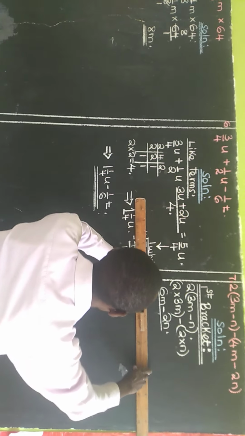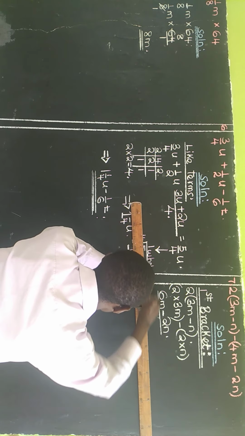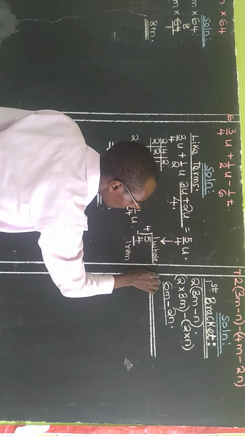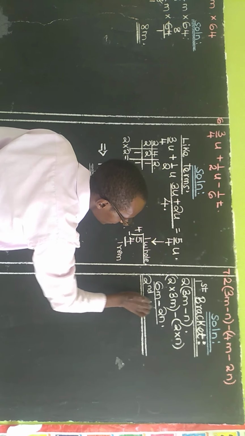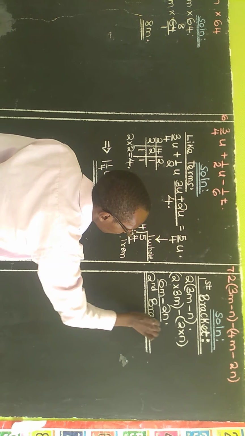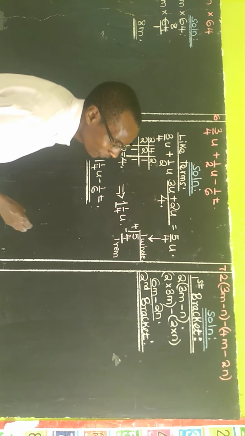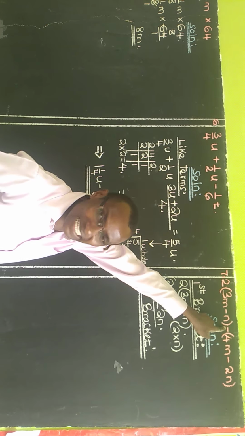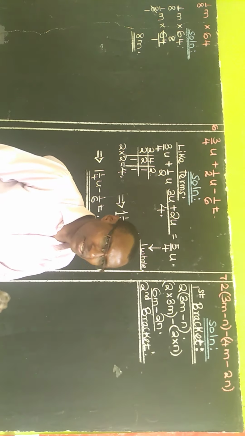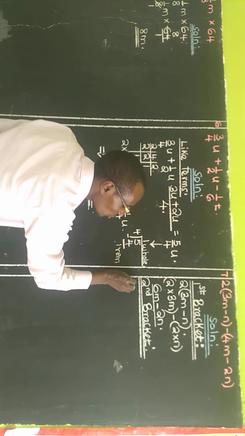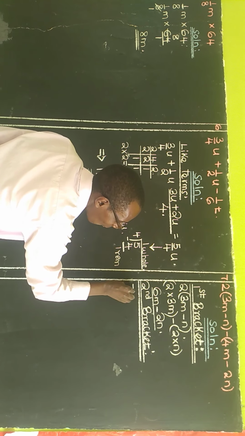From there we go on to the second bracket. In the second bracket, this one is a negative and no number. I say, if we only have a negative, you must now introduce negative 1.